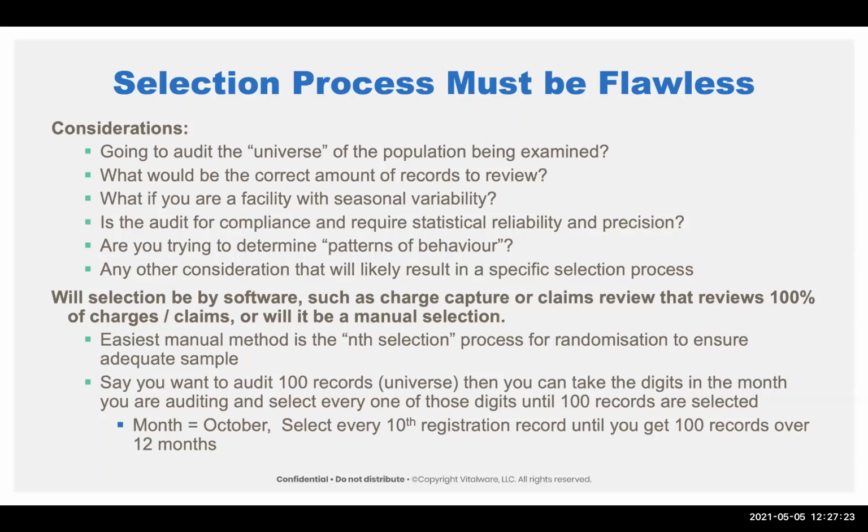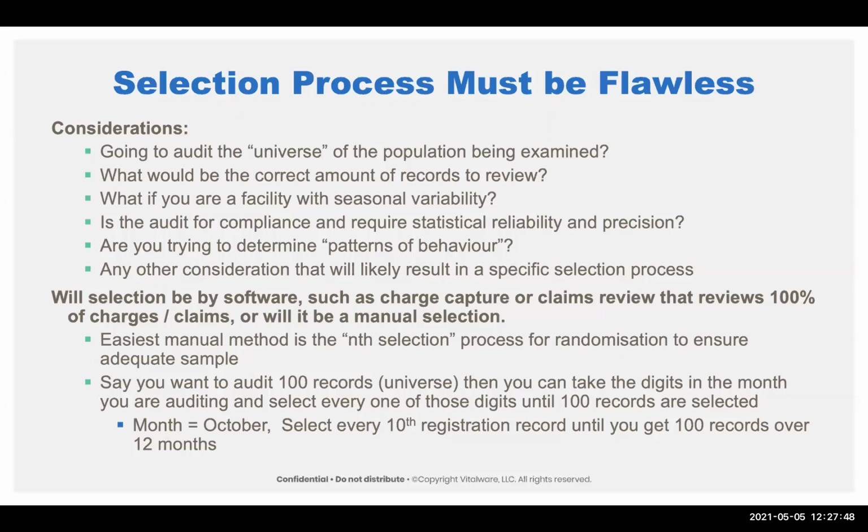What would be the correct amount of records to make sure it's statistically significant? If you're doing a compliance audit, you have to be 95% accurate and 25% consistency. You have to meet some very rigid audit standards that you're going to need a statistician for to pick the sample.